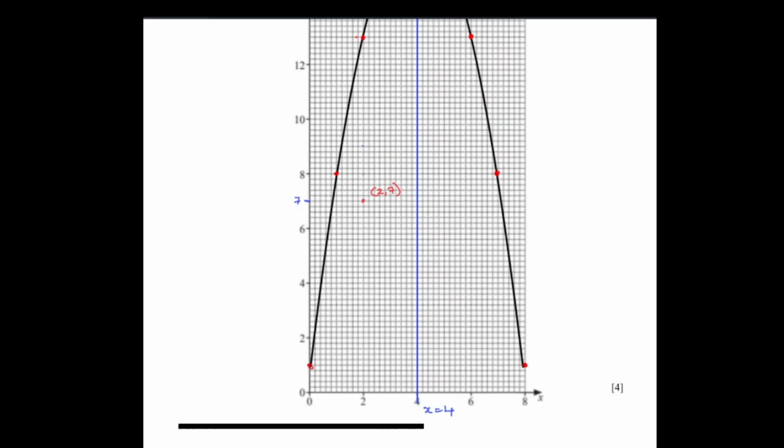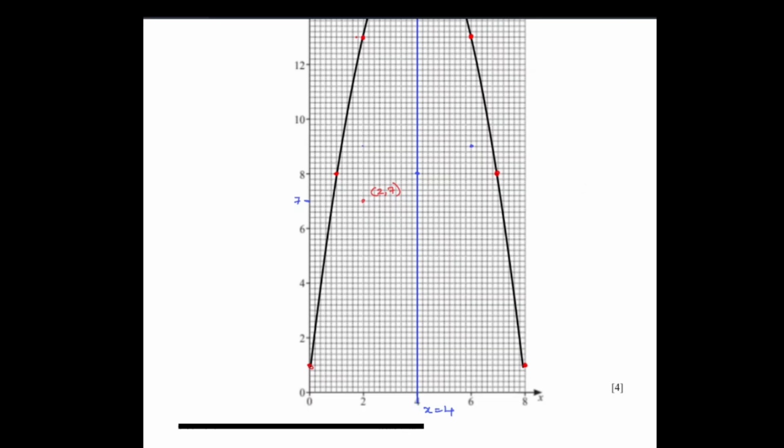This is 8, 1 box up and 2 boxes right will be this. Then again 1 box up, 1 2 3 4 5, then 10 boxes right, 1 2 3 4 5 6 7 8 9 10. So 2 boxes right.